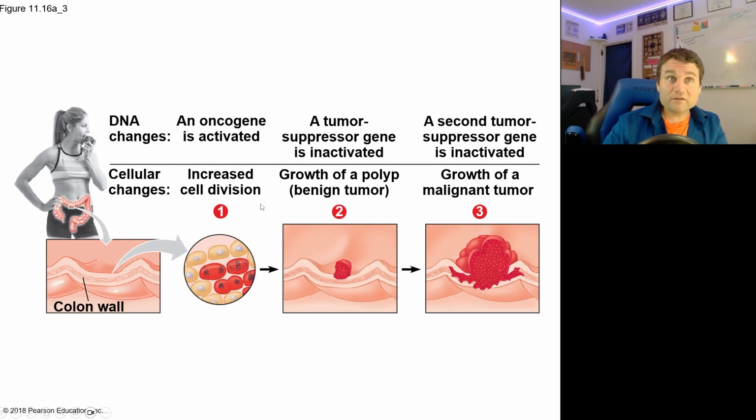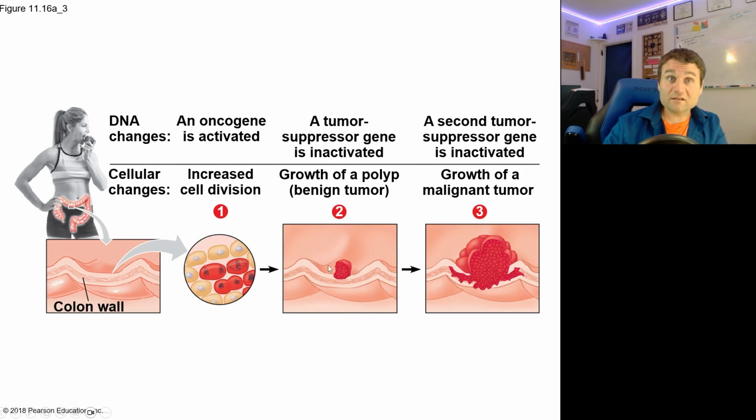Now, if we have increased cell division, tumor suppressor genes are in place to prevent it from getting out of control. So even with this oncogene active here, we still have the chance for tumor suppressor genes to shut that down. But if there's a second mutation in the tumor suppressor gene, that will allow the cell division to continue, and you get the growth of a polyp.